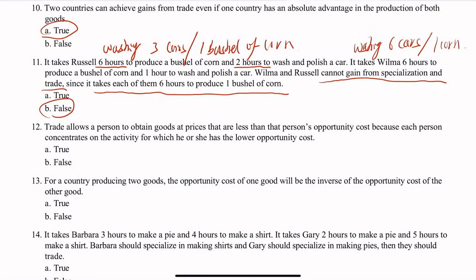Taking 6 hours to produce 1 bushel of corn is about their productivity in producing corn, and productivity is related to absolute advantage. Absolute advantage is not related to specialization and trade.